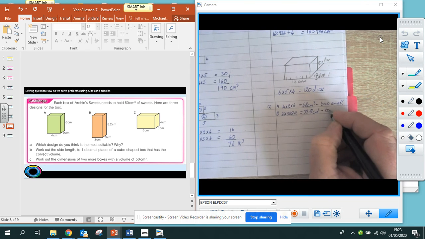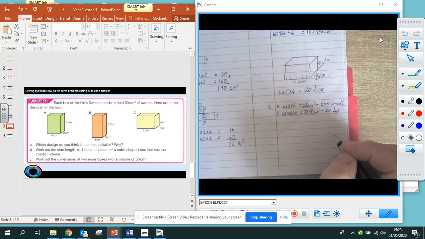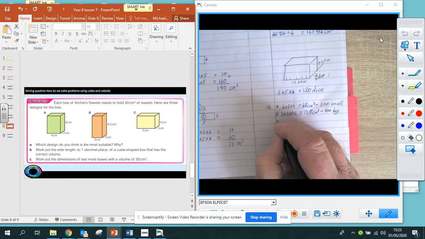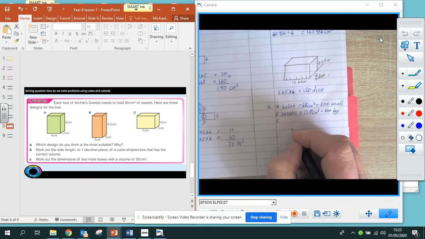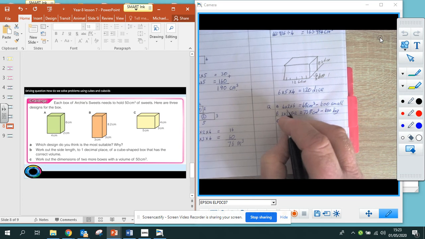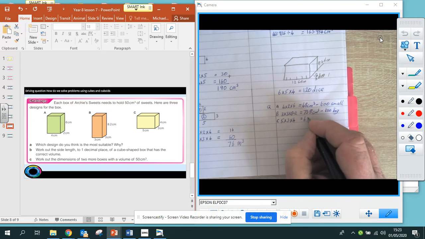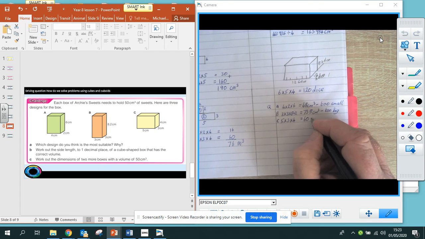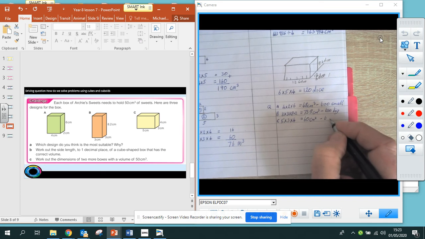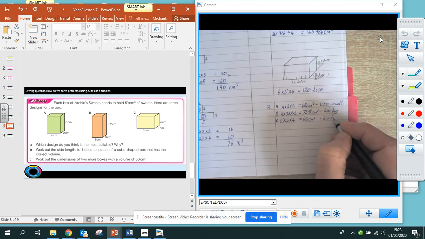And that is too big. Shape C gives me 5 times 3 times 4, which is 60 cubic centimeters, which is also too big, but only just.